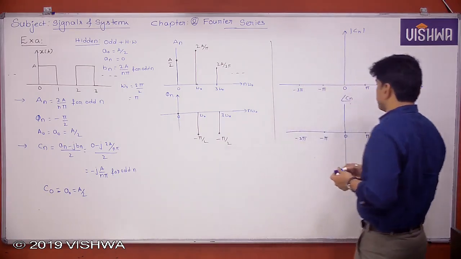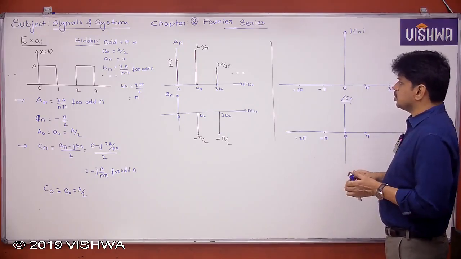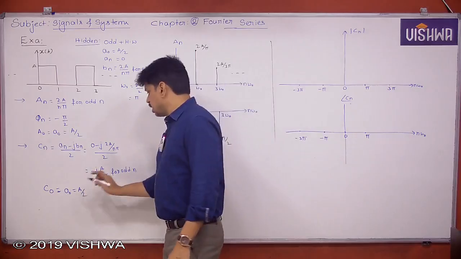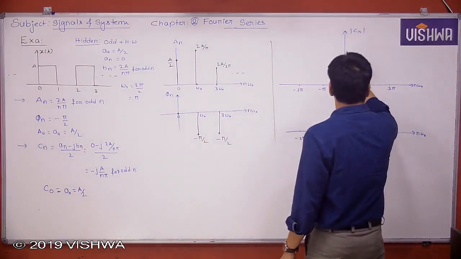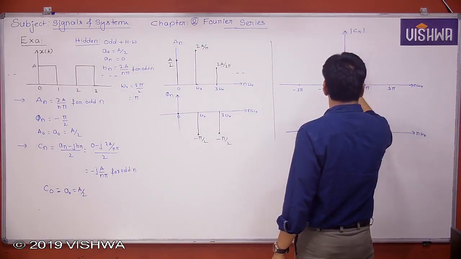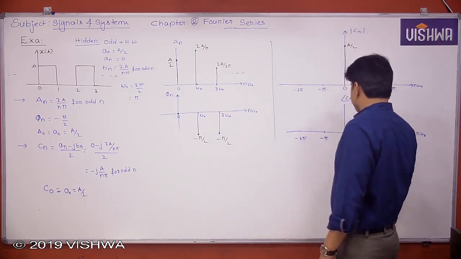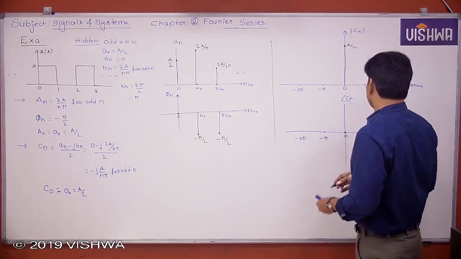At these values we have to examine. At 0, we have Cn value which is a by 2 only. Phase angle 0.